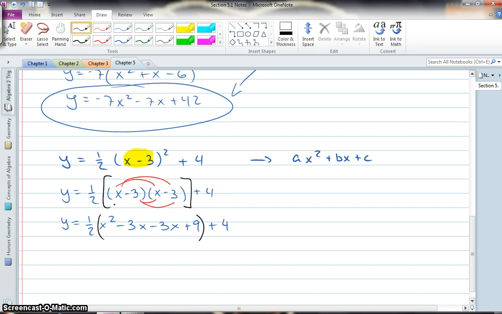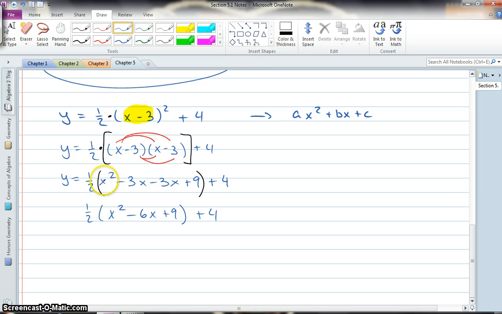So you can't add that 9 and 4 yet. All right, this 1/2 is attached to these parentheses, and we always take care of multiplication first before addition. All right, remember PEMDAS? The order of operations. So let's combine our middle terms. X squared minus 6x, negative 3 and negative 3 give me negative 6, plus 9, close parentheses, plus 4.